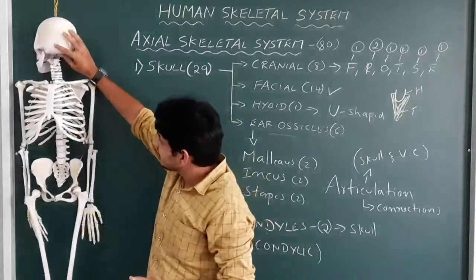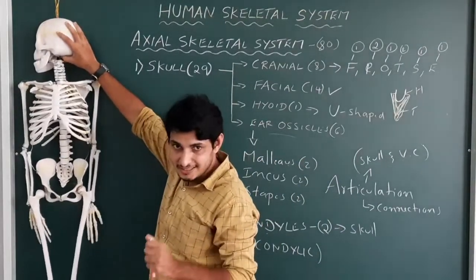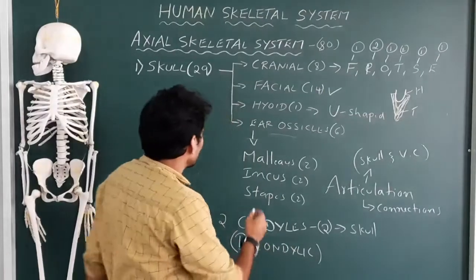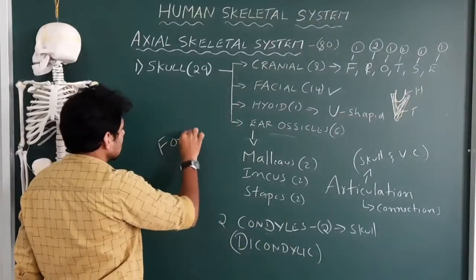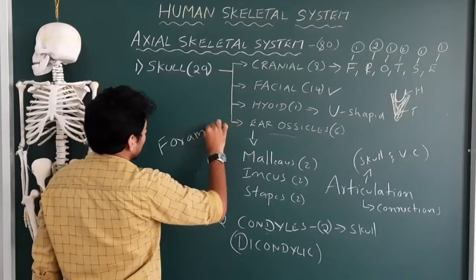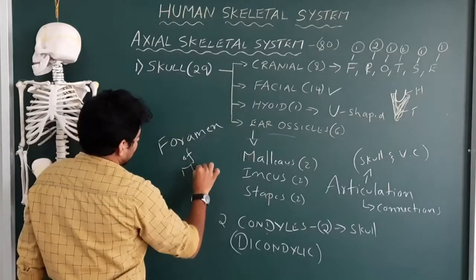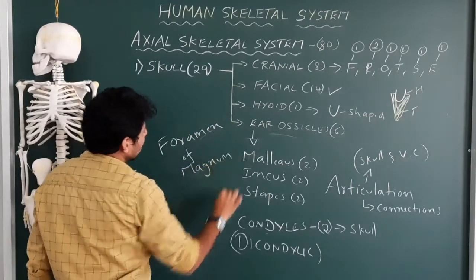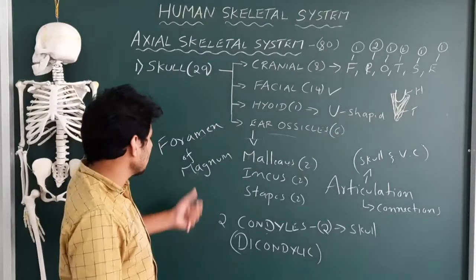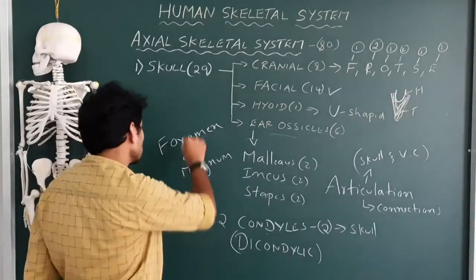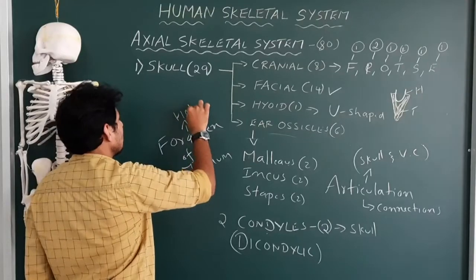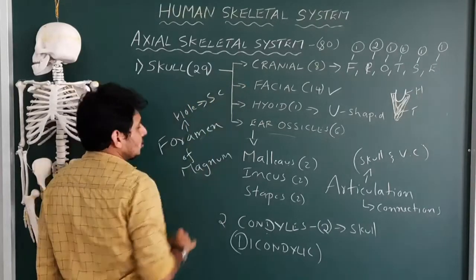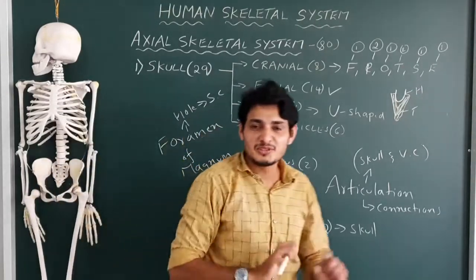This hole present at the base of the brain is called foramen magnum. Please write down. The hole is called foramen of magnum. It is also called foramen magnum. Both are correct. So that is the hole for the spinal cord to run within the vertebral column. So that's all about it.